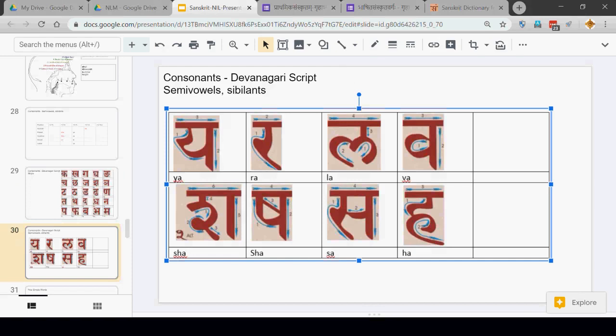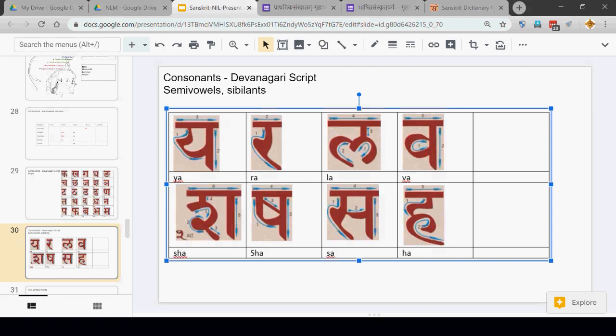So for example, ya is a palatal sound similar to cha, but cha, chha, ja, jha, nya are supposed to have complete contact, and with ya there's no contact. Ya comes very close to the palate. Then ra is a cerebral, similar to ta, tha, da, dha, na, but there is no complete contact.